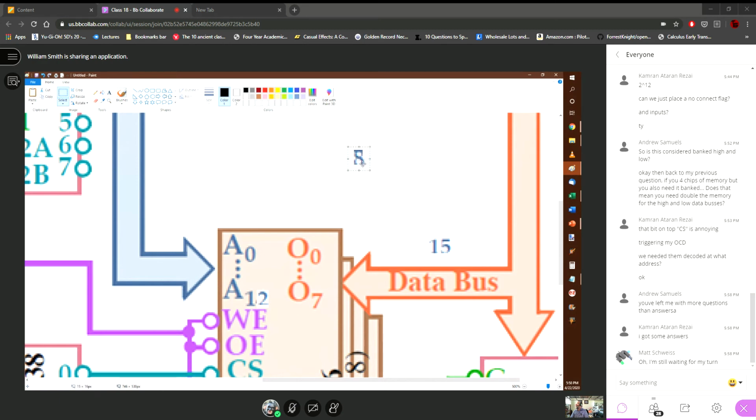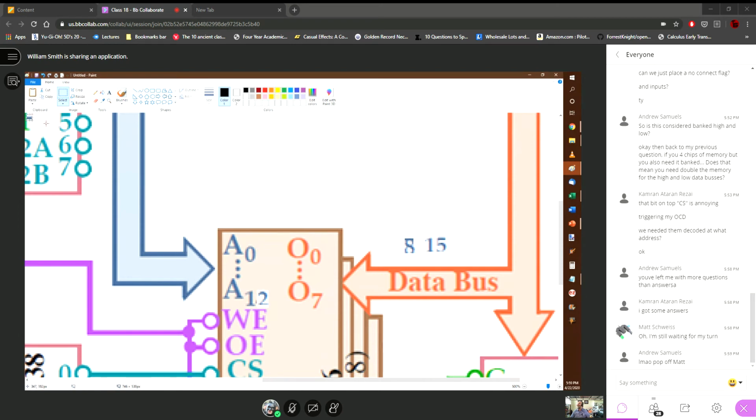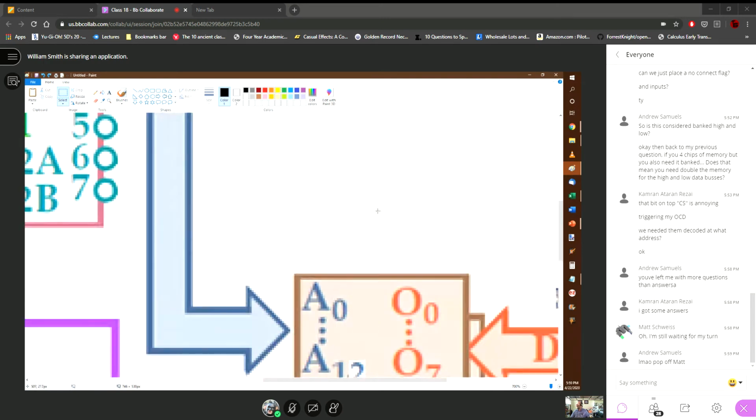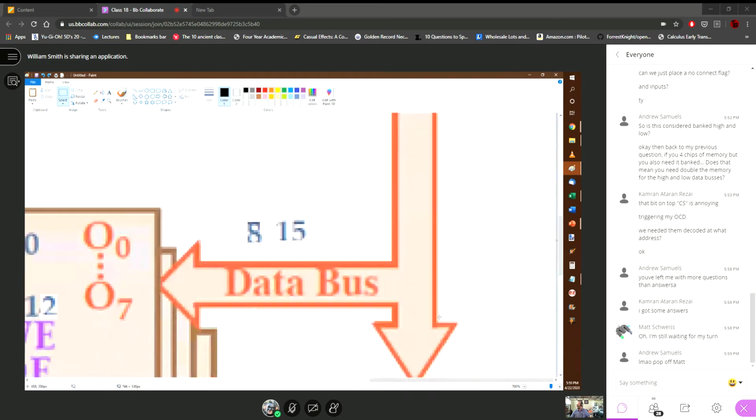All right. So this is going to be data bits 8, and I got to find a dash somewhere, through 15. All right. And so we'll need a dash somewhere. Yeah, it'll work. I'll steal it there. Give me a move here.